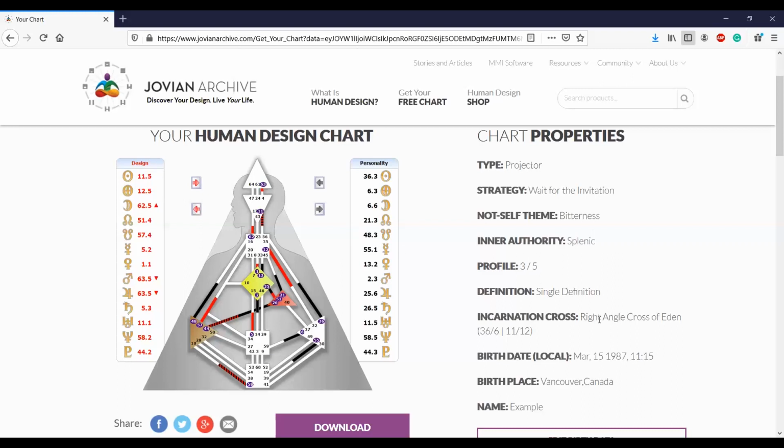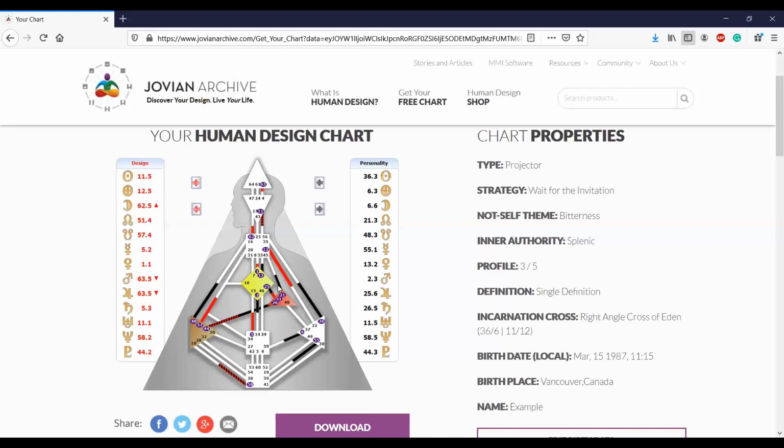Okay. So as for definition, I would skip it for now because it's not the most important thing. But in this case, we have single definition, and that just means that all of the centers are all connected with gates, and I will talk about this also in a few minutes.